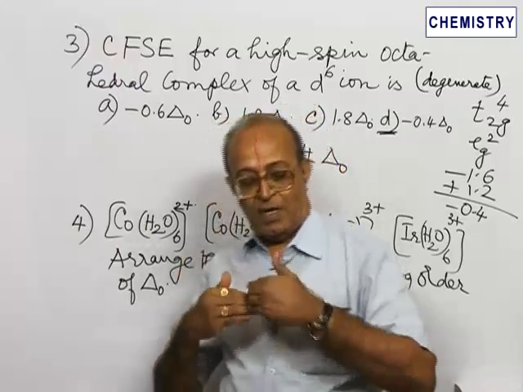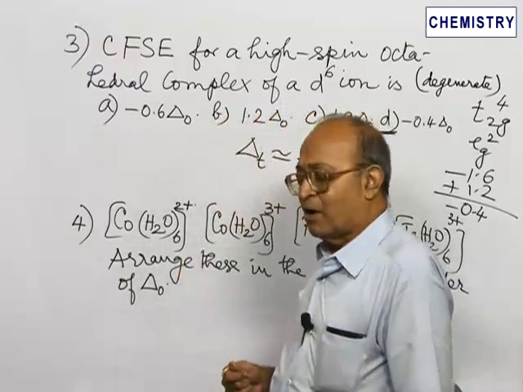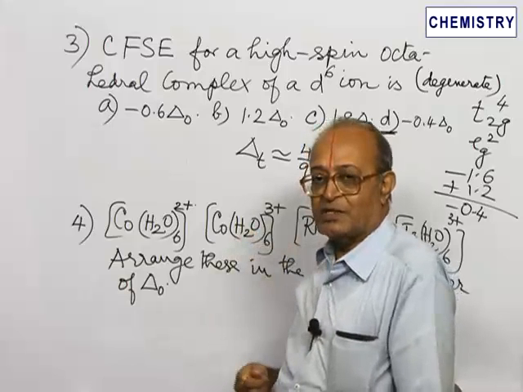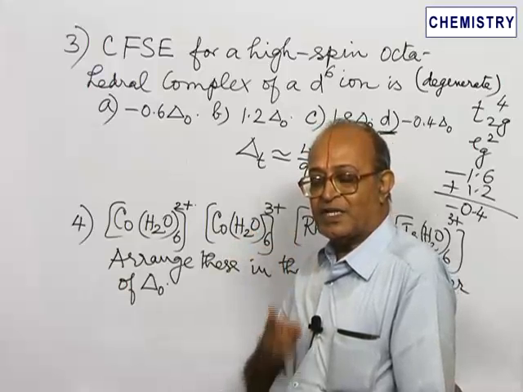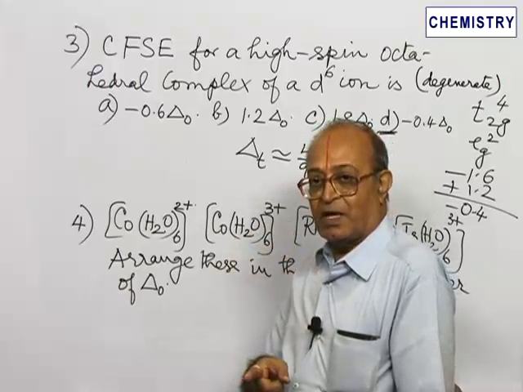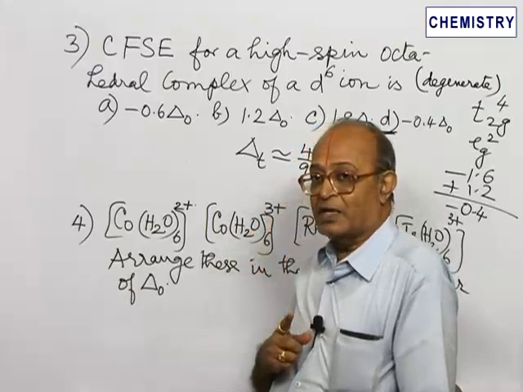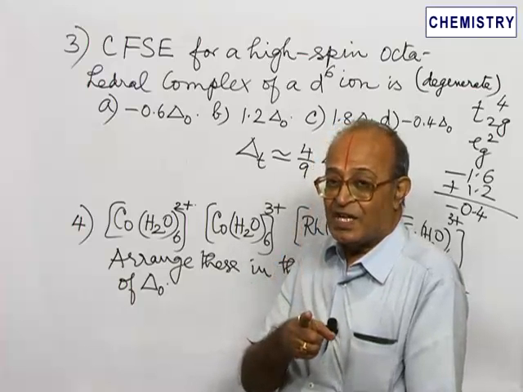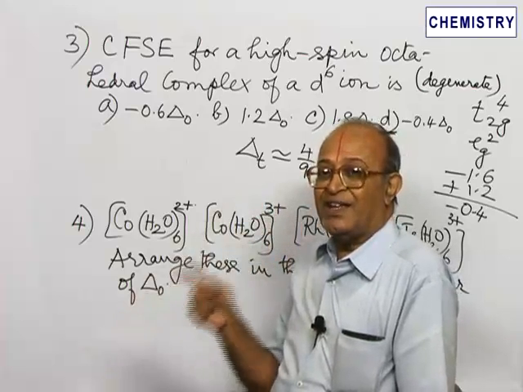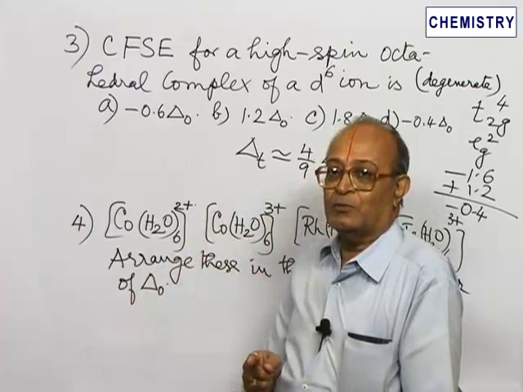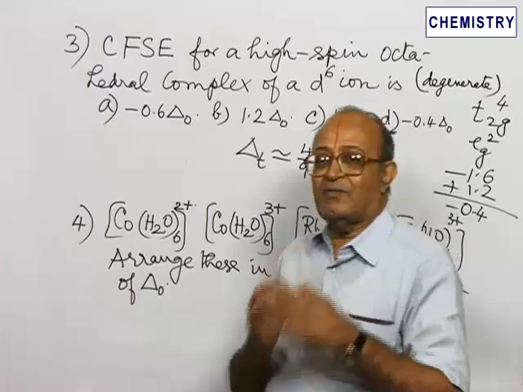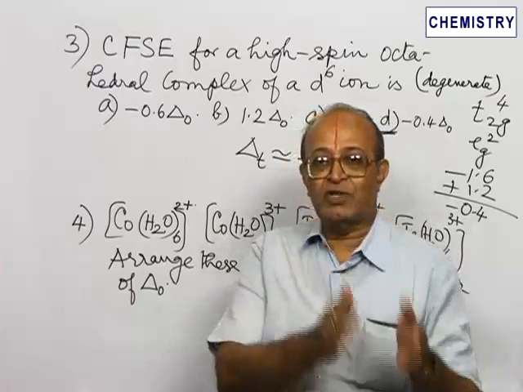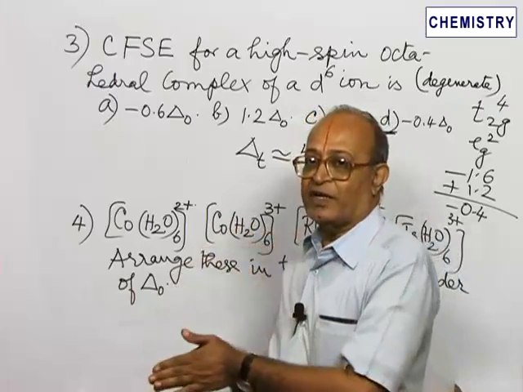Now I will combine all these and give the result. So with the change of ligands, delta O changes. Second point, charge. With the increase of charge, there will be an increase in delta O. Third, the central metal ion position 3D, 4D, 5D.